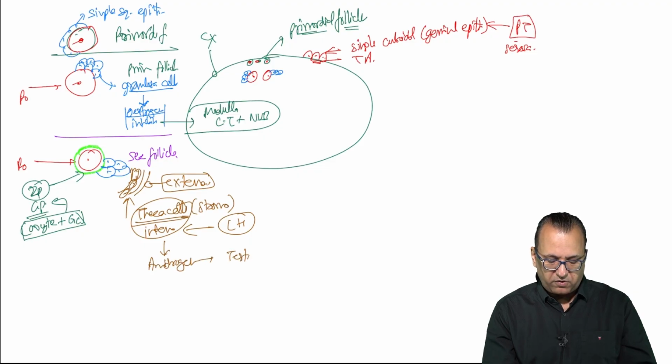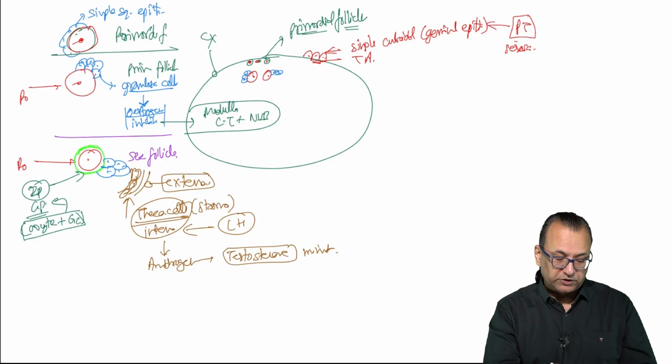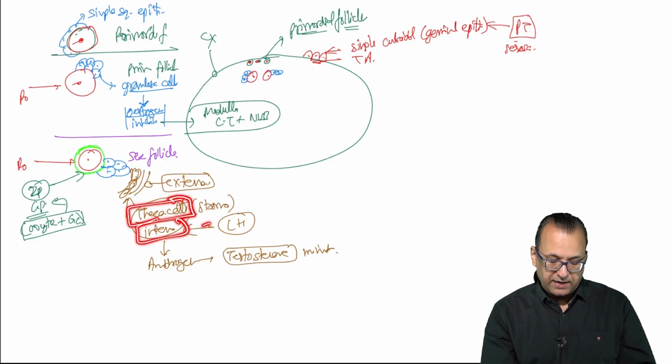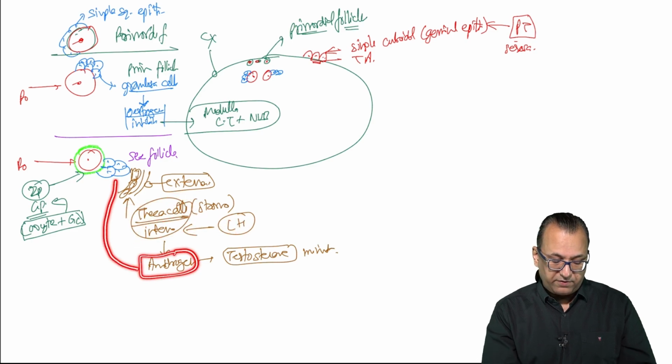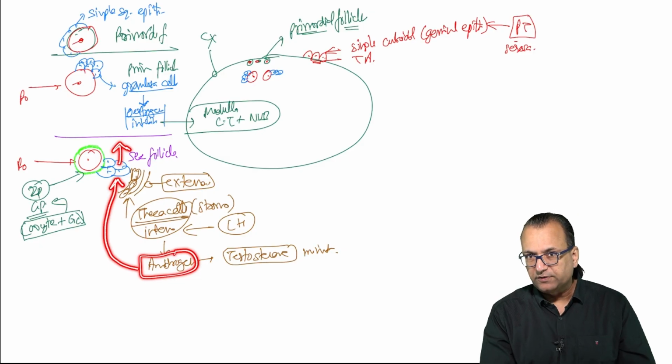We understand that we don't need testosterone in much level, so minute quantity in females, but these androgens which are being secreted by the theca cells under LH are being given to the granulosa cells, and granulosa cells convert them into estrogen, as we mentioned here.